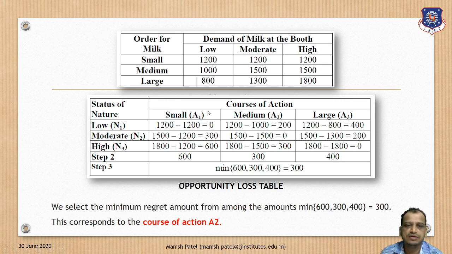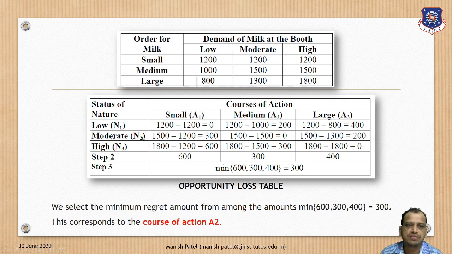Those are the maximum values. You deduct that amount from all of these. That means 1200 minus 1200, 1200 minus 1000, 1200 minus 800, so you get the values accordingly.